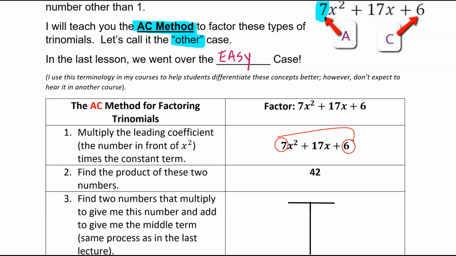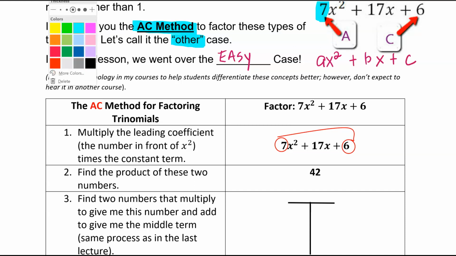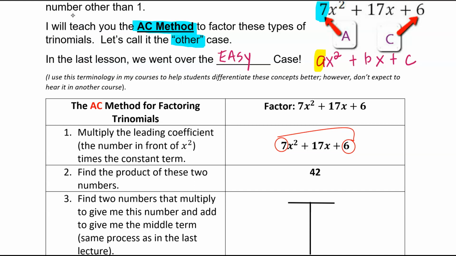The AC method is referring to the A, and let me write this so you're familiar with ax squared plus bx plus c. So when I'm saying A, I'm referring to the leading coefficient, and C is referring to the constant.